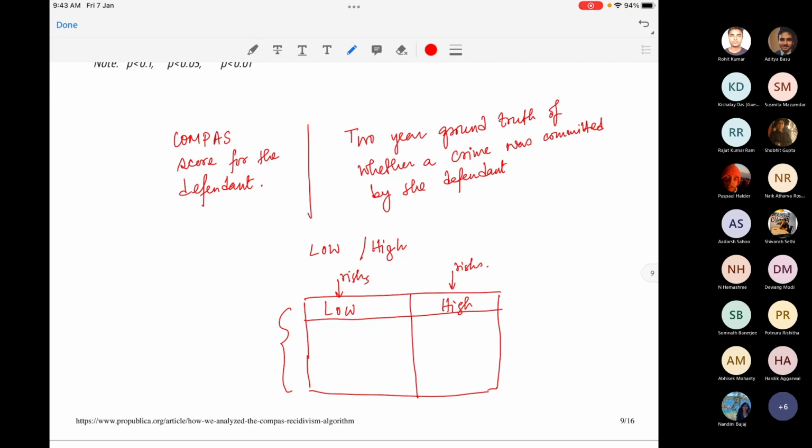What should be the rows? Think, it is important to think.